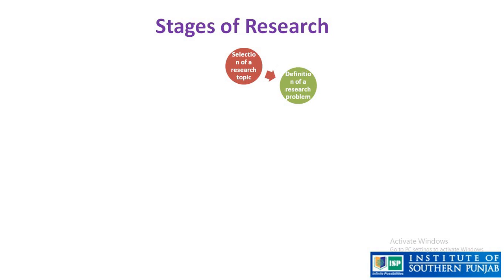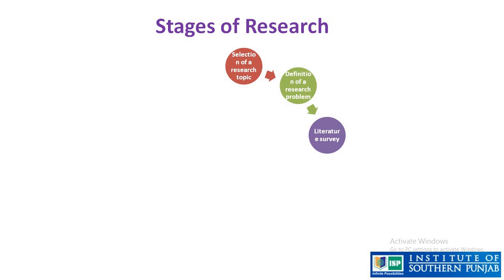Then definition of a research problem. After selection of a research topic, you have to be precise and confine yourself within the boundary of a research problem, because you cannot solve the whole field. You have to be precise to define a research problem in that research topic, in that research direction.